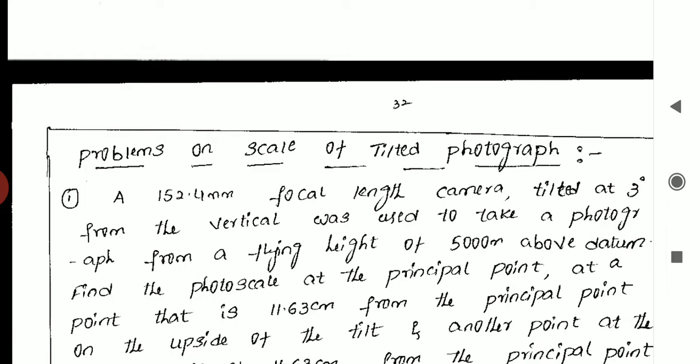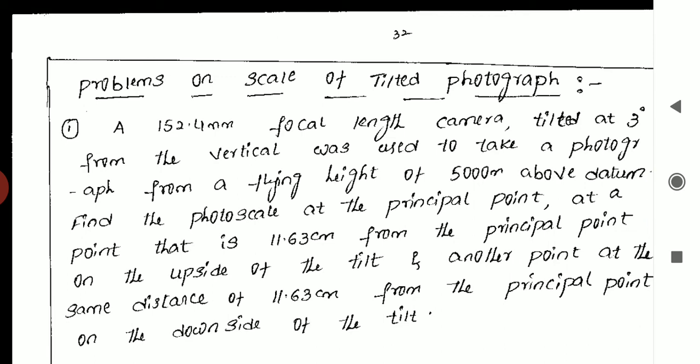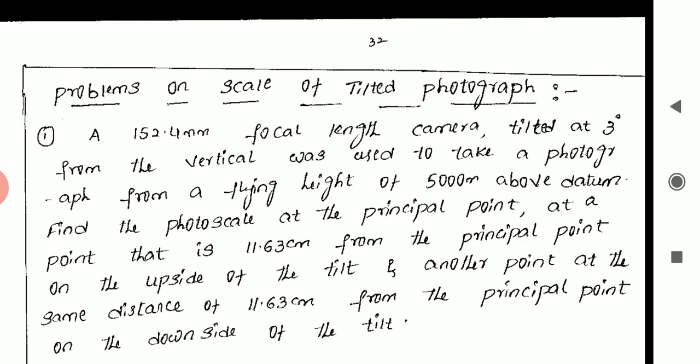Next, problems on the scale of a tilted photograph. One time I will read it. Question: A 152.4 mm focal length camera tilted at 3 degrees from the vertical was used to take a photograph from a flying height of 5000 meters above datum.